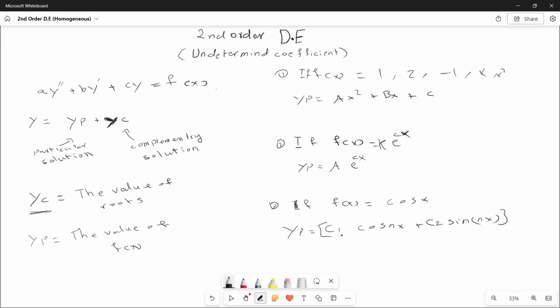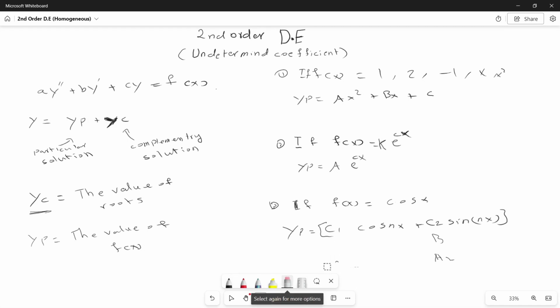Keep in mind that c1 and c2 are constants, so they could be a and b, or a1 and a2, for example. They are just constants, not set to be just c1 and c2. And now we'll move on to an example.